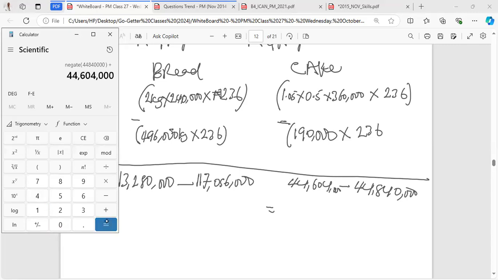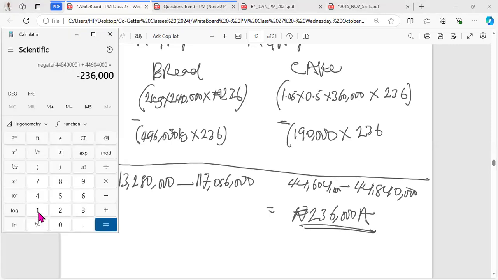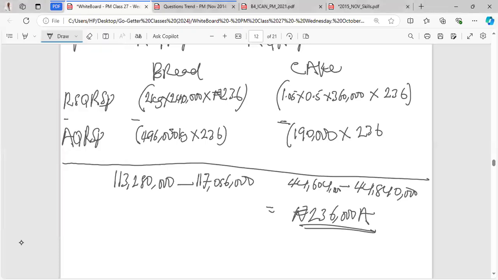This is 236 adverse. Adverse here. And let's see. 113,280,000 minus 117,056,000. 3,776. 3,776 adverse.